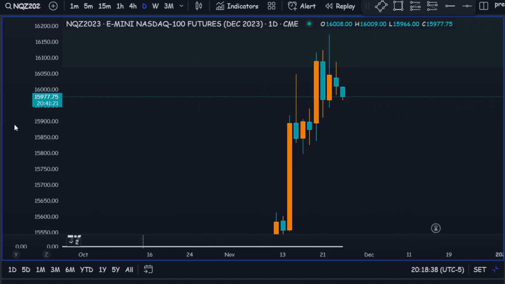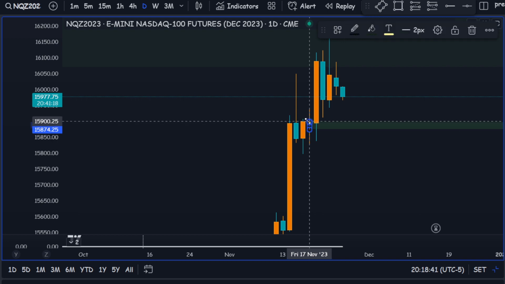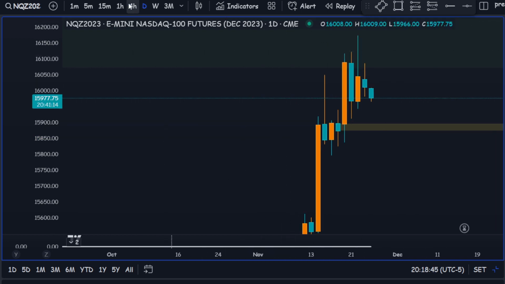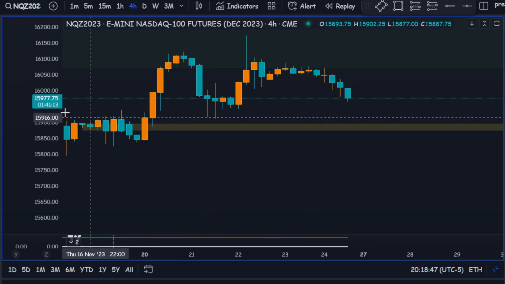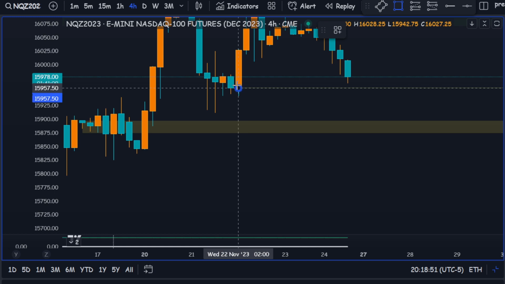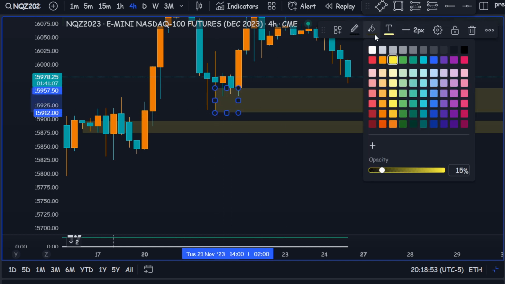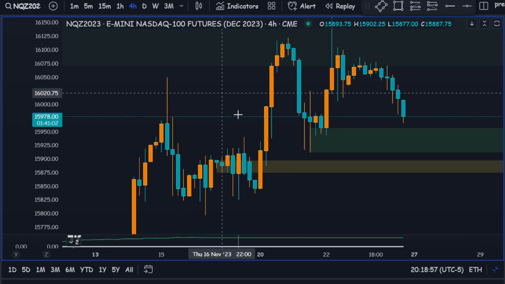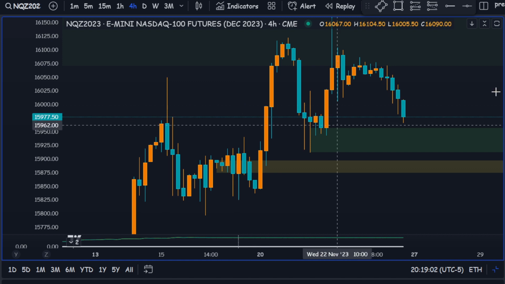Go to our daily. Do this like this with the order block. Take the rejection block. There we are. I feel like I'm missing something.